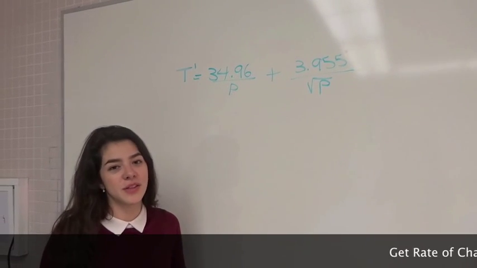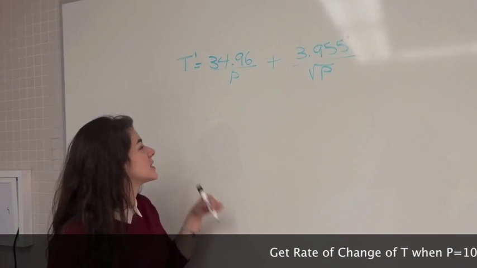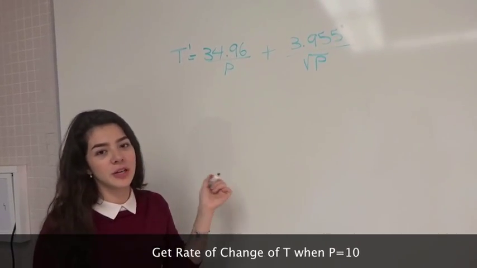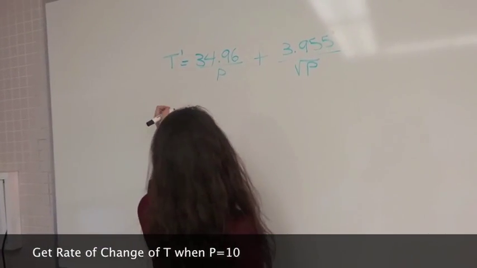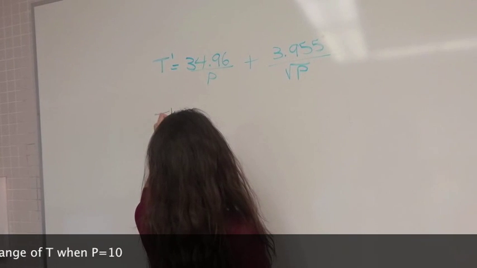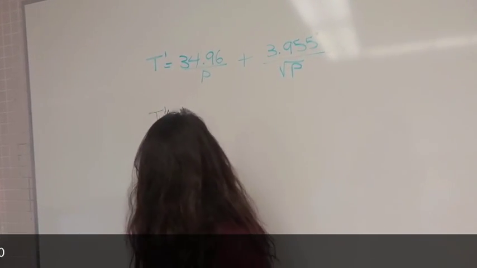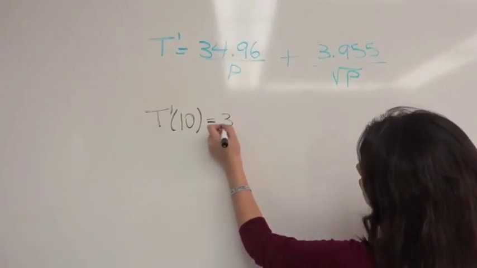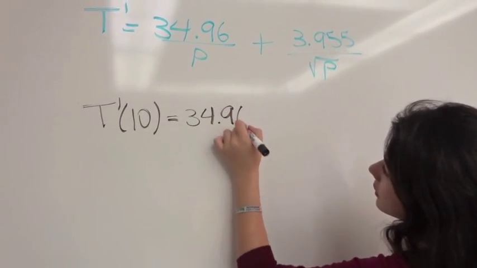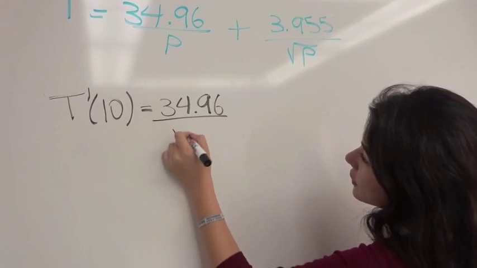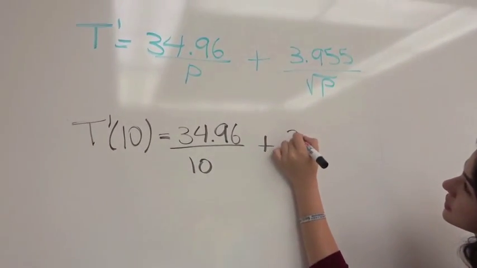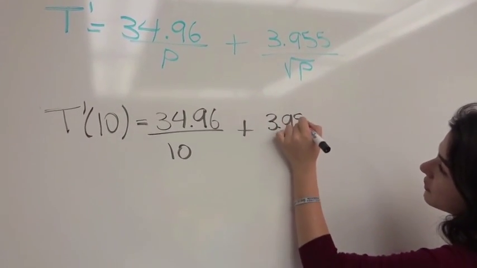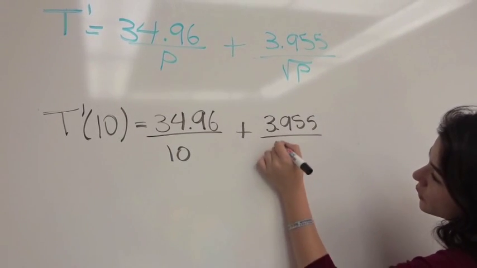Now that we found the derivative, to know the rate of change of temperature when the pressure is 10, we're going to plug in 10. So we have the derivative of temperature when pressure is 10, and we're going to write 34.96 over 10 plus 3.955 over square root of 10.